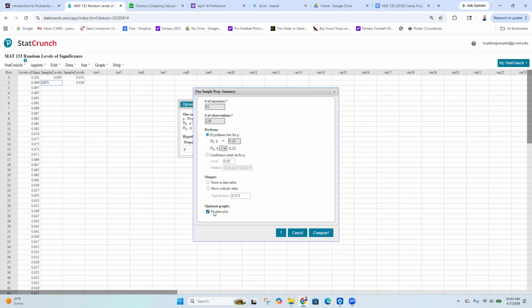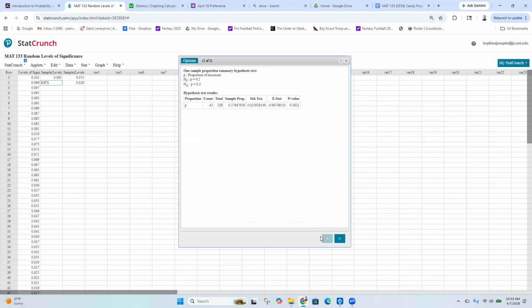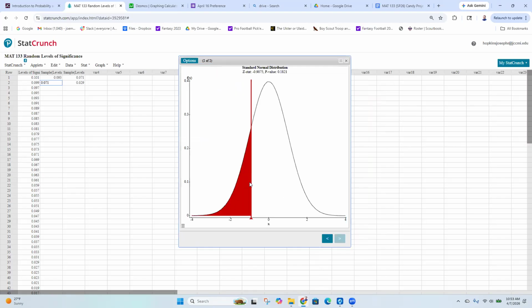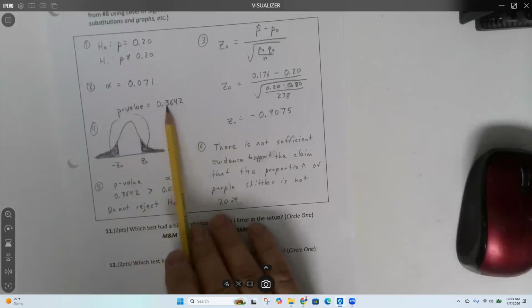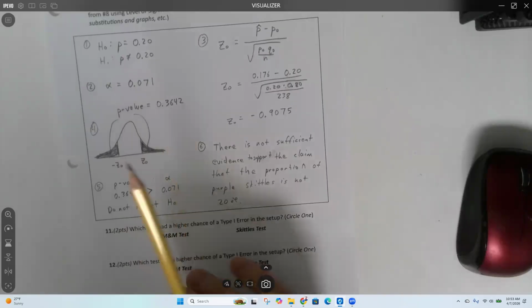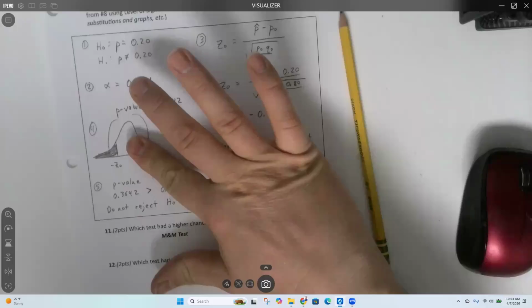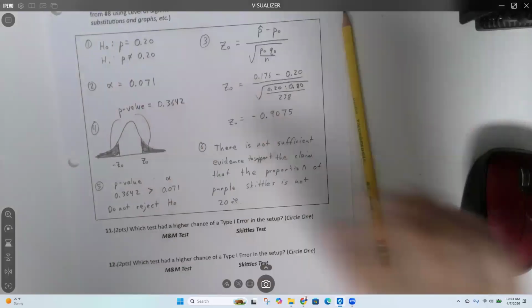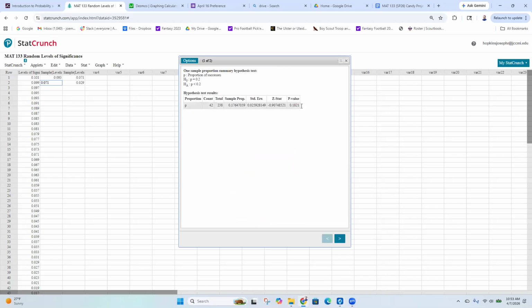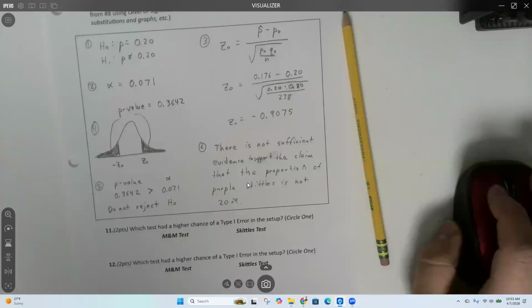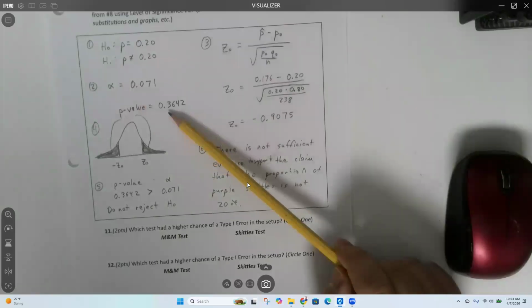It's because if I'm doing a one-tail test, I'm only looking at this side over here. These two shaded areas add up to, for me, 0.3642. If I only had one of them, it would be half as big, 0.1821, and that's the p-value I'm getting if I do a less than. So it's important to pay attention to whether you have a one-tail test or a two-tail test because it's going to change your p-value.